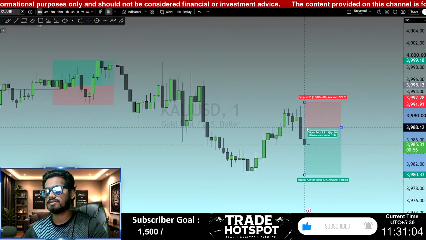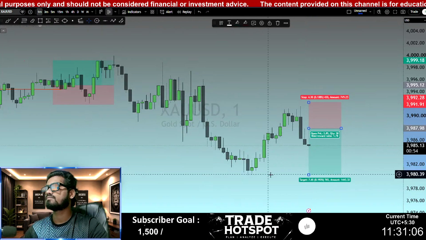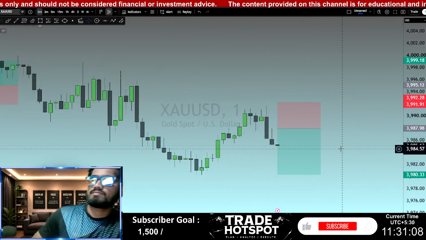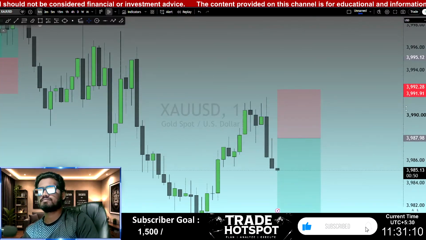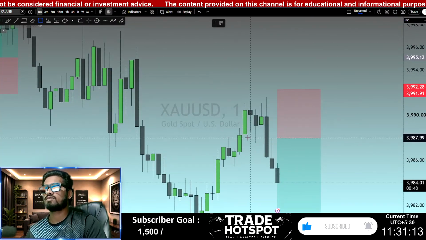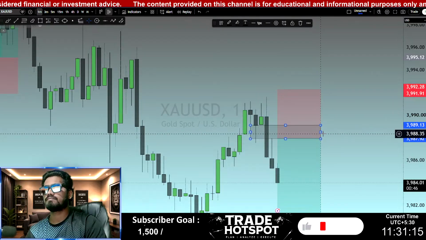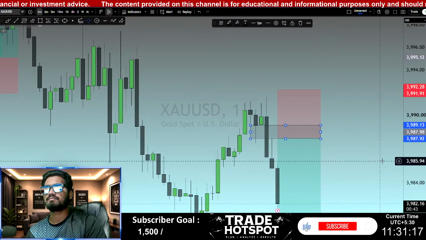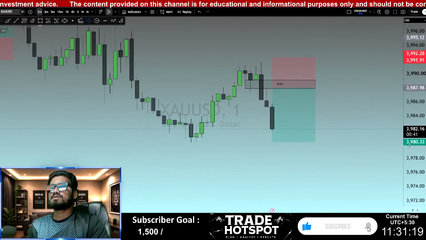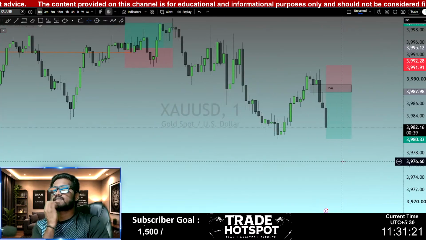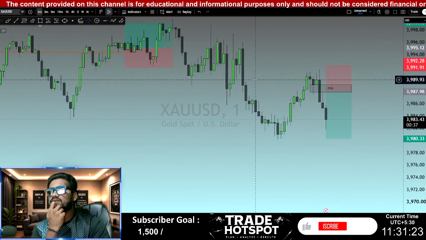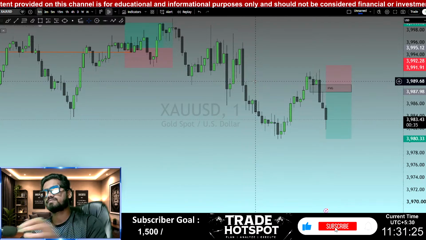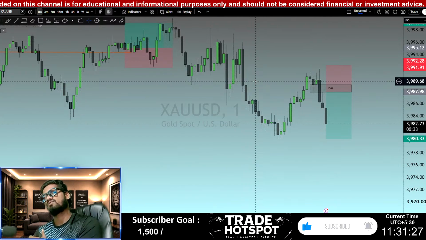So we can enter here. Small gap. So it's moving down guys. We have to make entry here only, right? It's moving down.